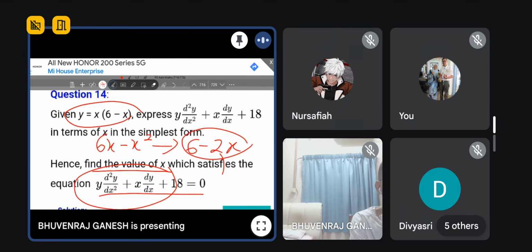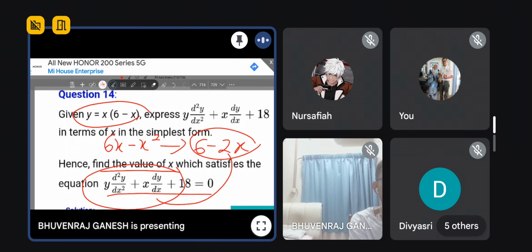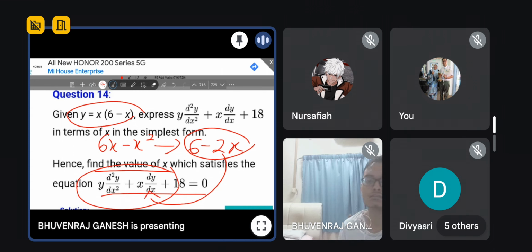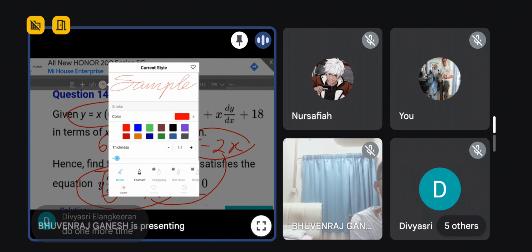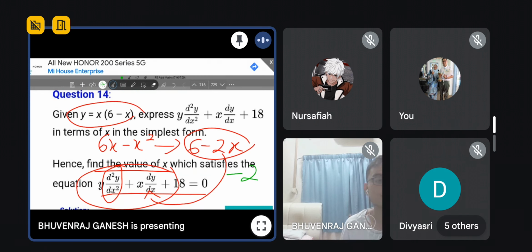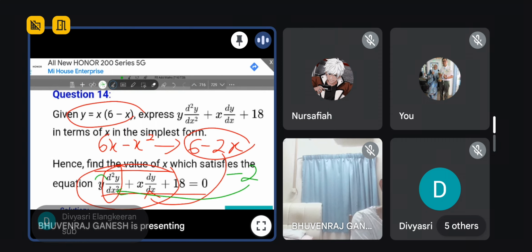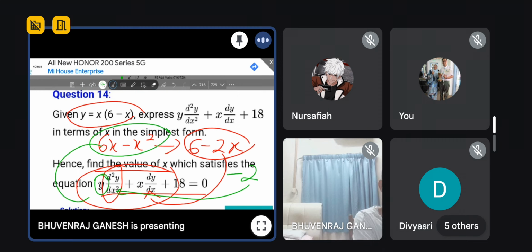So this value, you can substitute inside here, this expression. Then you see another one, means that we differentiate a second time. Kita bezakan kali kedua. So you will get -2. So -2 you substitute inside here. Then y you have to substitute with this equation. When you form the equation, you must have all x or all y.